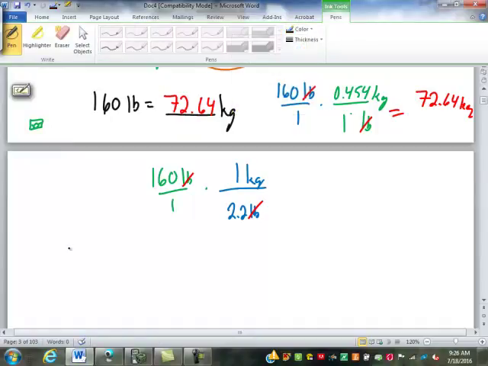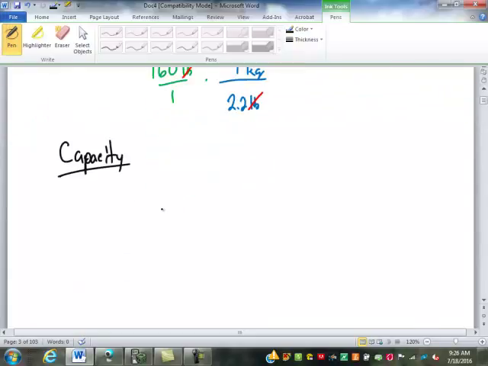Let's look now at capacity. So capacity is our gallons and liters. When it comes to capacity, the one that I have memorized is that 1 gallon is approximately 3.785 liters.